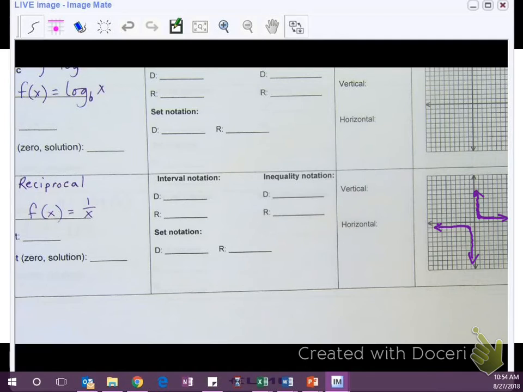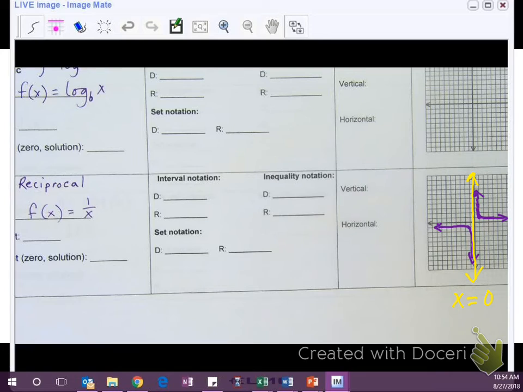For this, we have both a vertical and a horizontal asymptote. So if I look at here, this line is the line x equals 0, which is the y-axis, and the function will never touch.